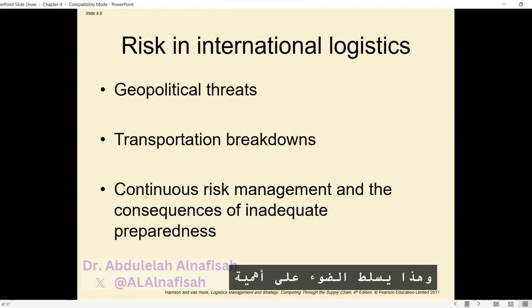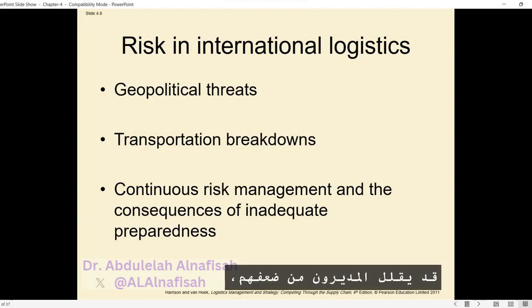This highlights the importance of continuous risk management and the consequences of inadequate preparedness, such as statistics from Helfrich and Cook, 2002, that show the lack of disaster recovery plans, limited coverage of total organizational recovery, insufficient steps to maintain operational supply chains, low adoption of crisis management teams and supply chain security teams, and the potential for businesses to permanently close after major damages.